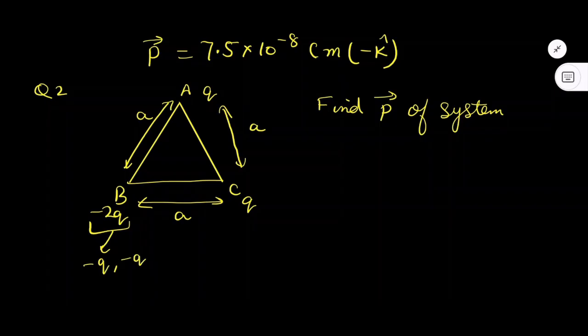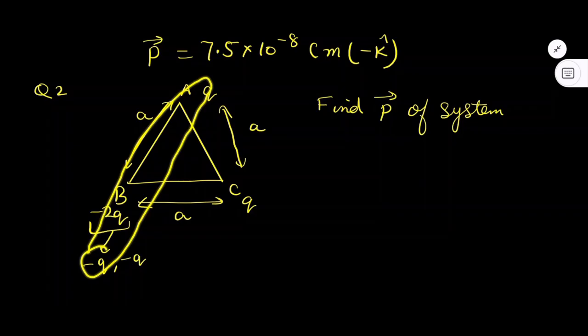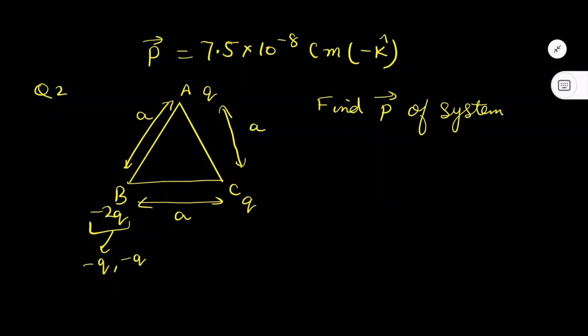So we will keep two minus q charges, so it will be equivalent to minus 2q charge. So we'll form a dipole in such a way. From A to B we'll have a dipole, with this minus q and this A. And this another minus q will be forming a dipole with this plus q.